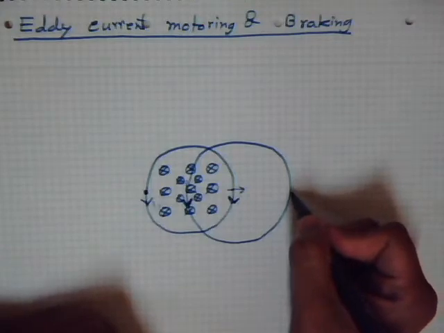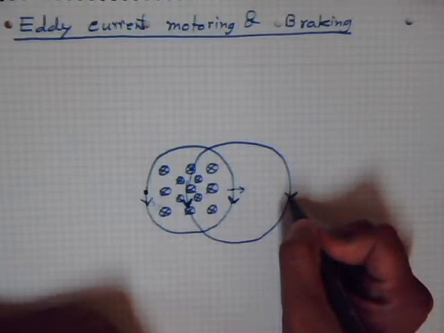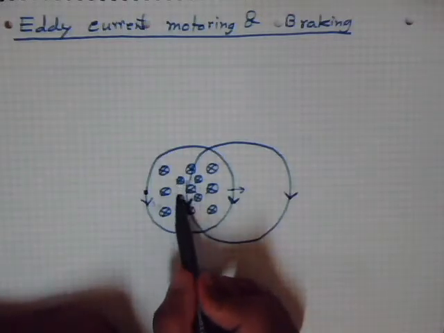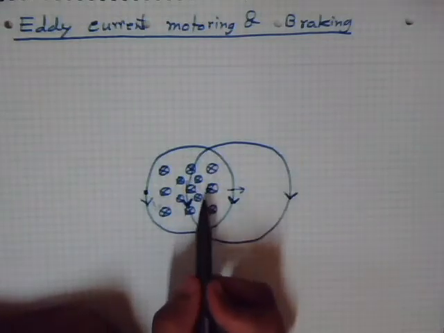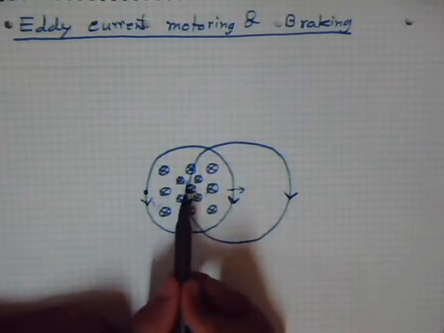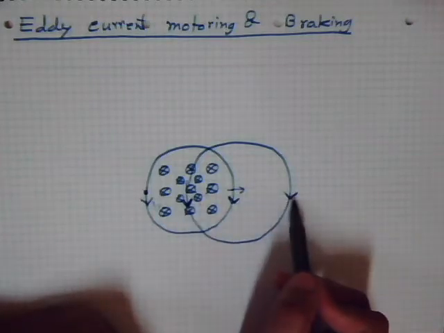Similarly, here also the generated EMF will have the direction like this. However, note that the density of flux is much higher here than here. That means the rate of intersection of flux is much more here, so this EMF will be higher than this EMF.